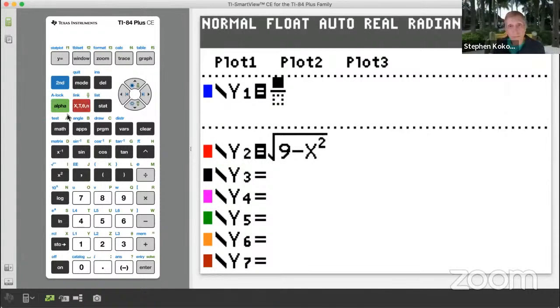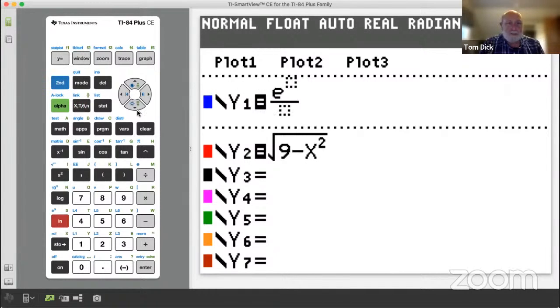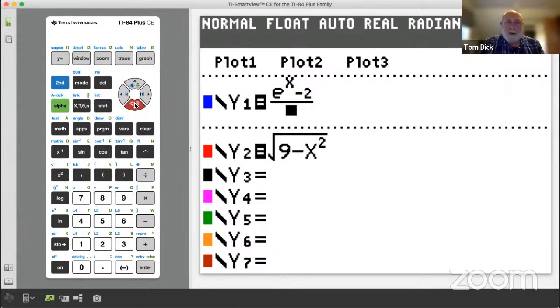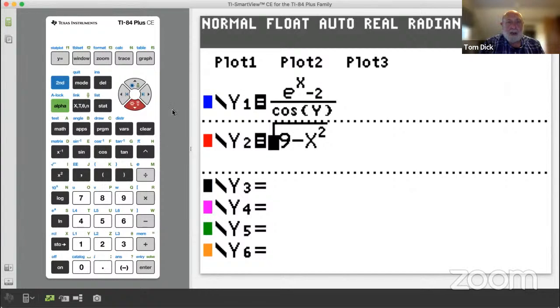I think it was e to the x minus 2. Correct. That's my numerator. And then in the denominator, we've got the cosine of y. Again, it's a very weird looking expression to have in y1, but that's just our placeholder for the differential equation expression. And let me go ahead and clear y2.